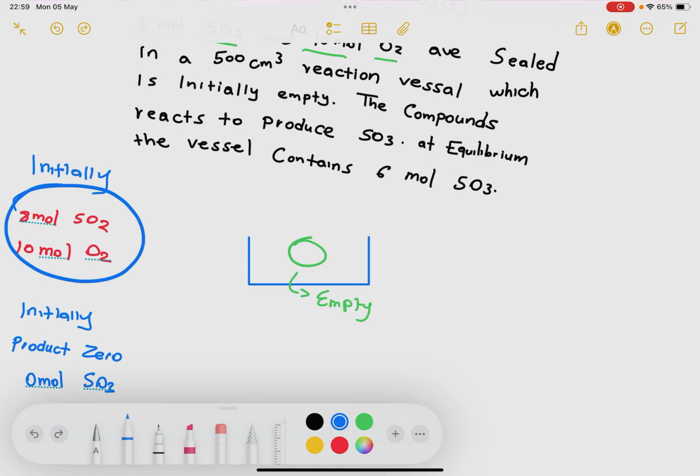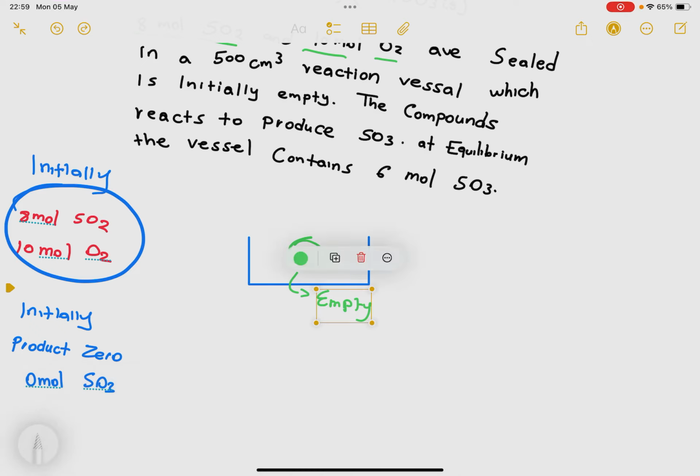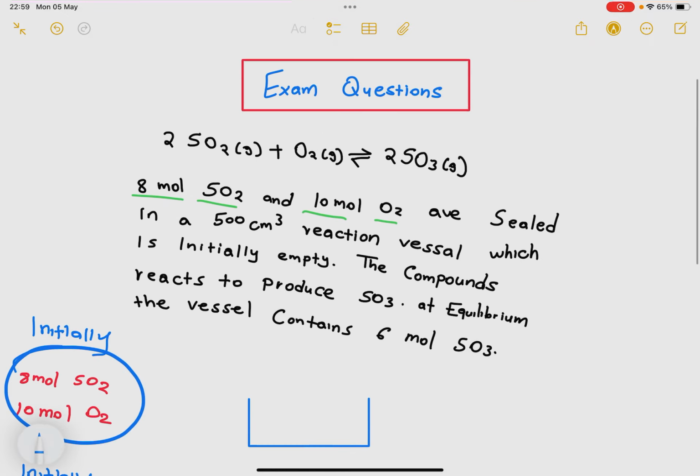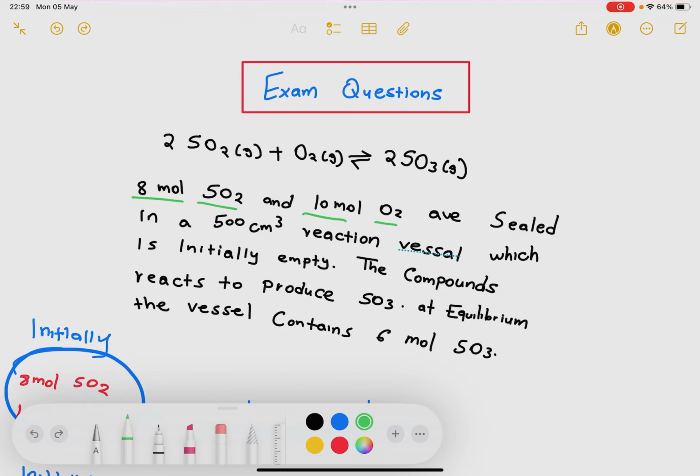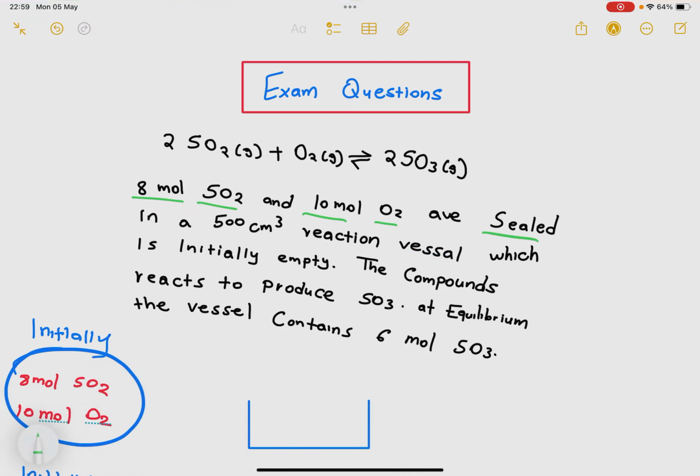So I'm just going to delete this. Now, what is something that we're going to read? We say that 8 mole of SO2 and 10 mole of O2 are sealed in a 500 centimeter cubed.